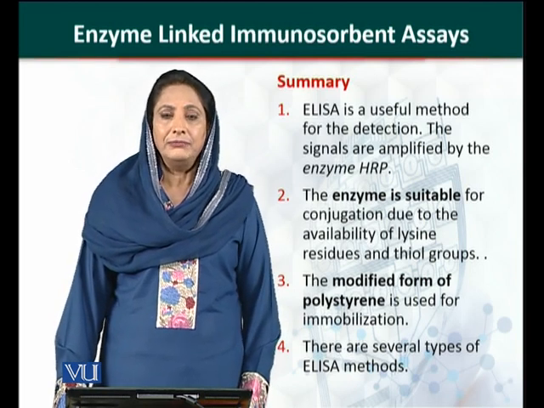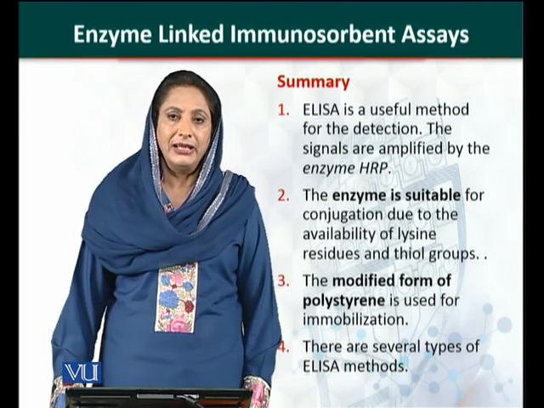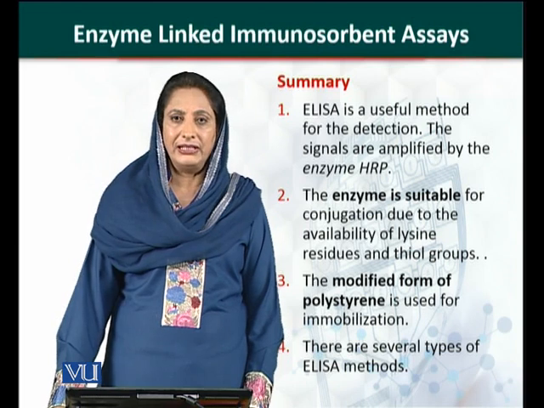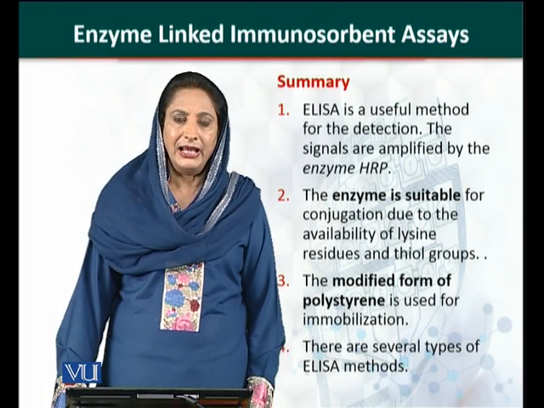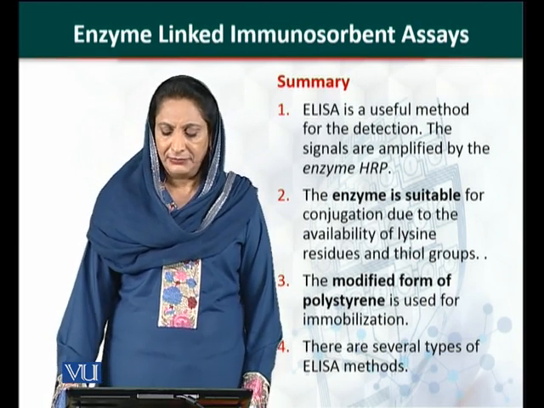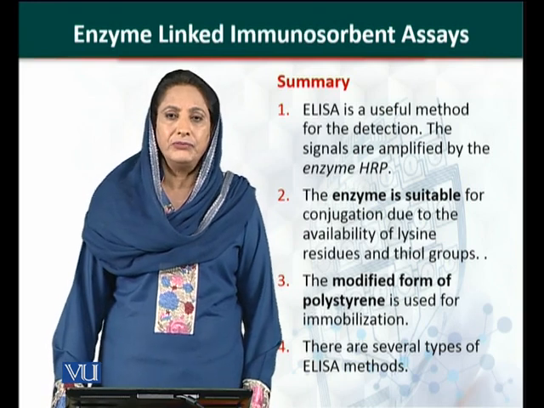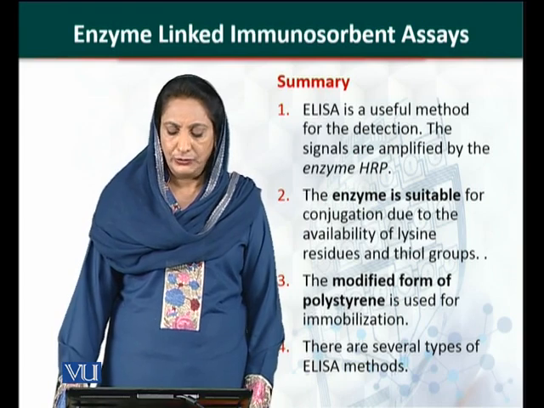So, in summary, ELISA is a useful method for the detection of biological molecules. And the enzyme horseradish peroxidase is an important enzyme and is essential for ELISA assays. It increases the sensitivity of the system. The enzyme is suitable for conjugation due to its lysyl residues and sulfur-containing groups.